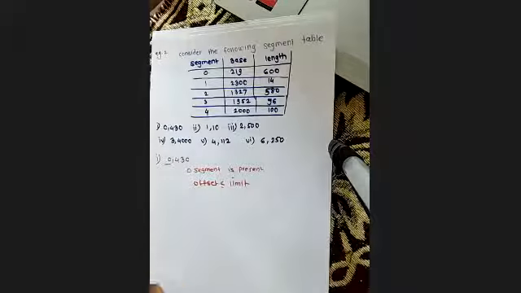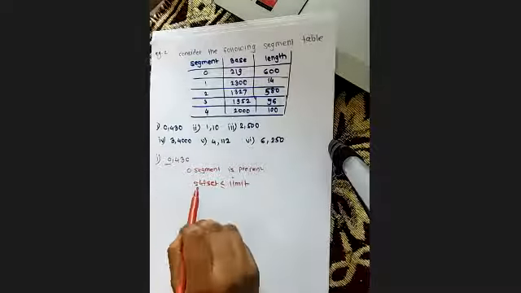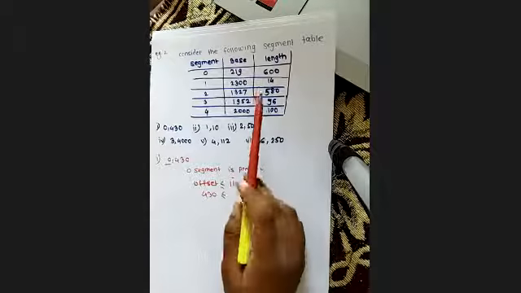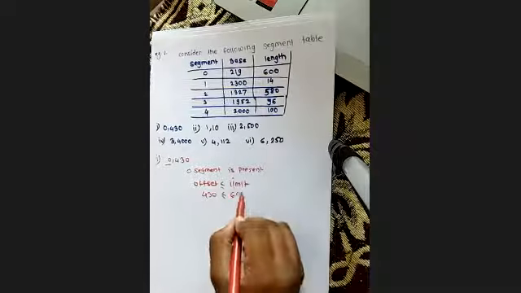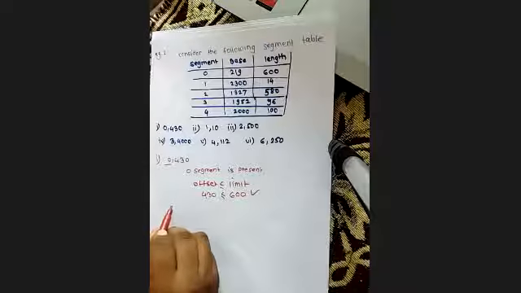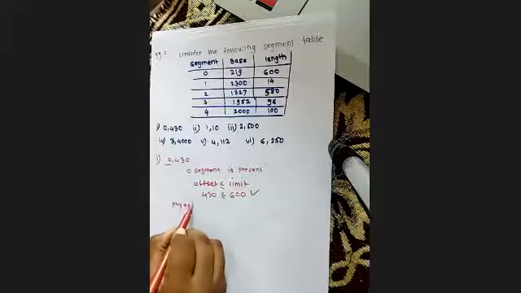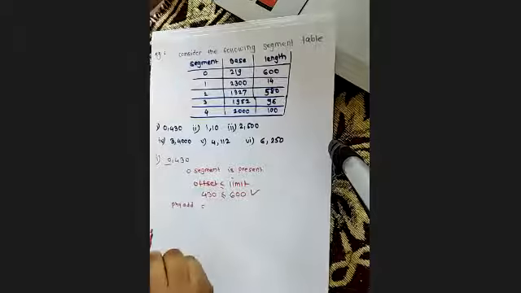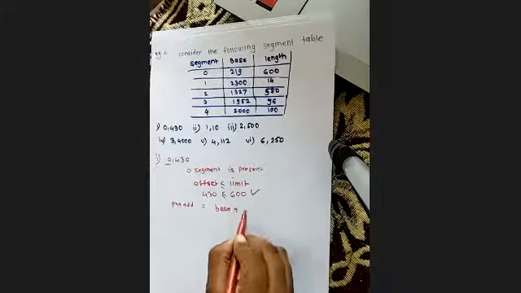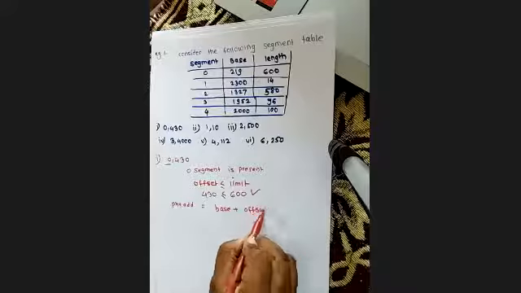Okay. So what is the offset? 430, less than the limit, which is 600. So this is true. Fine. Condition checked. Then what is next? Find the physical address. Yes. Now we have to find out the physical address. How are we going to calculate that? Base plus offset. Very good.